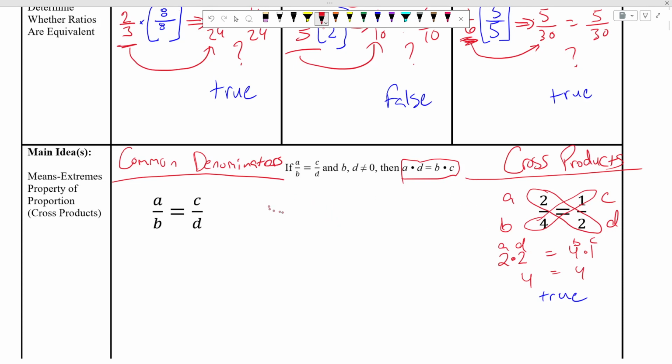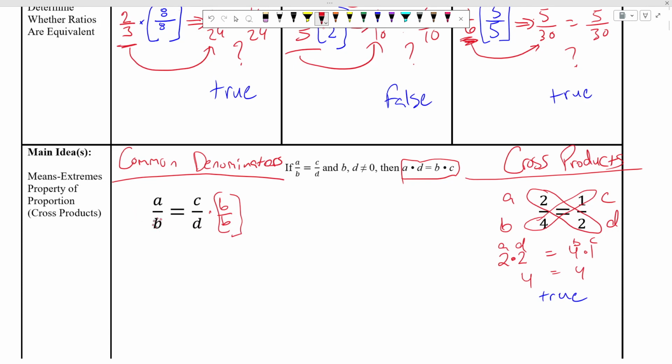It comes from the idea of common denominators. So let us think about this for a second. If I had no values to work with and just letters and variables, and I wanted to get a common denominator, what I would end up doing is multiplying. I have b, and I want to get a common denominator. On this side of the equation, I have d's, but I also need a b. So I would need to multiply by a representation of 1, which would be b over b.